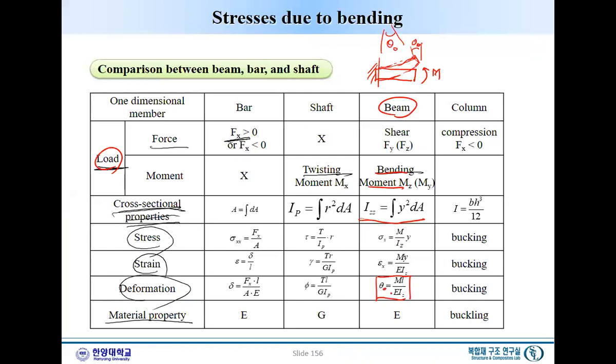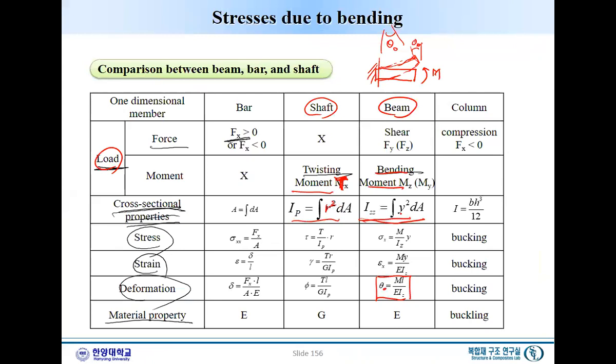So theta 0 is the moment L divided by EI. And for the shaft, under the torque, I will call T. And in this case, polar moment of inertia is the integral of R squared dA.